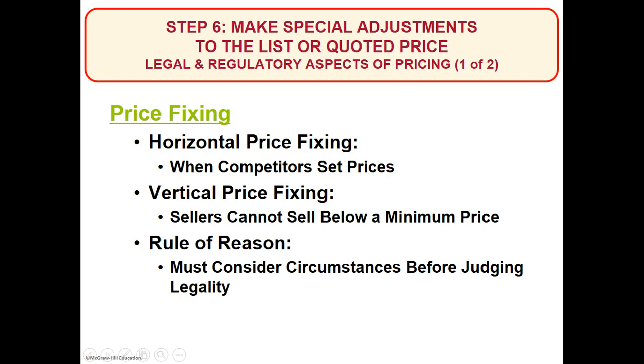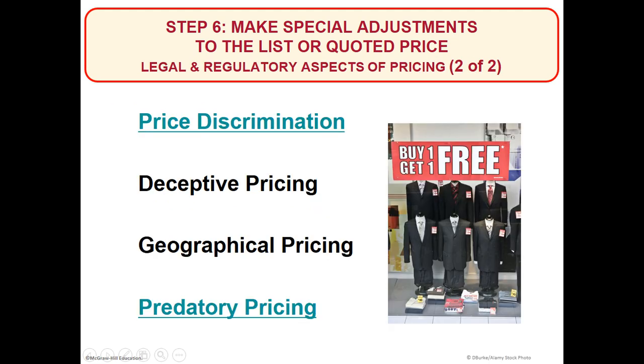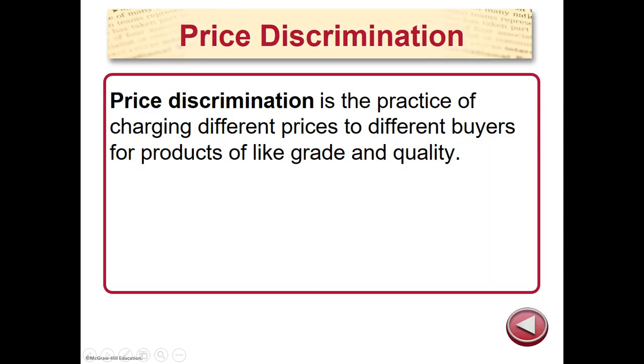There is horizontal price fixing when competitors set prices, and vertical price fixing, where sellers cannot sell below a minimum price. Or the rule of reason: you must consider circumstances before judging legality here. Price discrimination is another one.